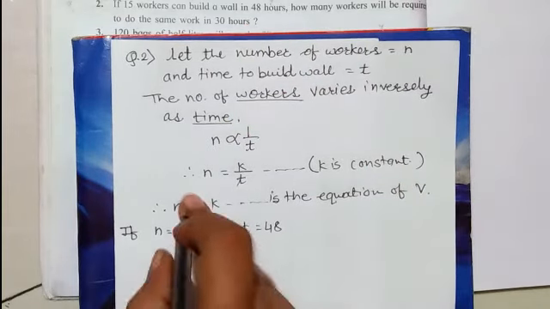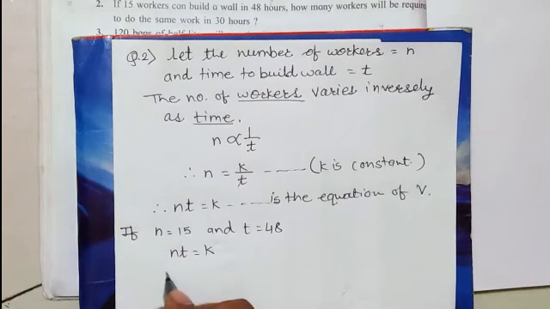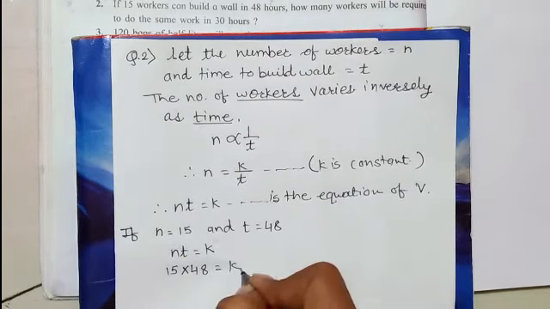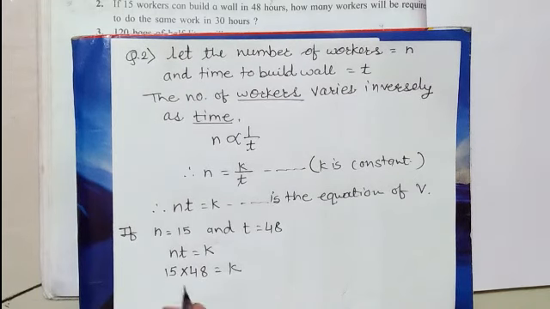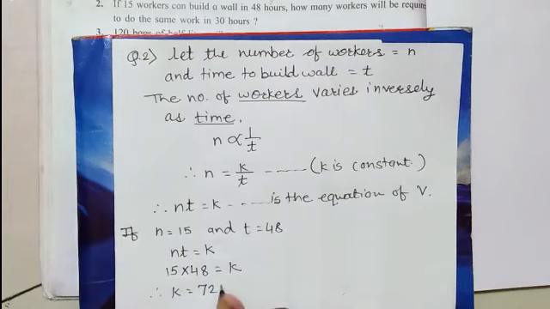So put these values into the equation. nt is equal to k, the value of n is 15, the symbol between n and t is multiplication, t is equal to 48, so 15 times 48 is equal to k. Therefore, k is equal to 720.